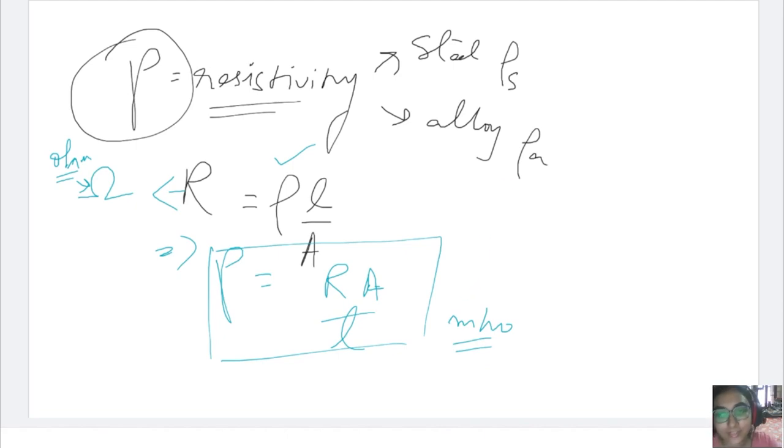So that is how we denote it. Resistivity is basically rho. So conductivity is 1 by rho. Okay, so these are some things that you have to know about this whole segment.